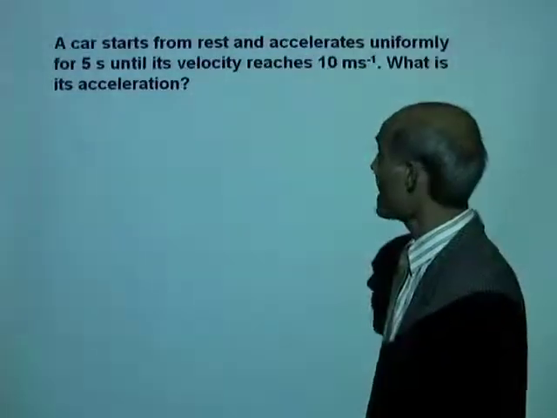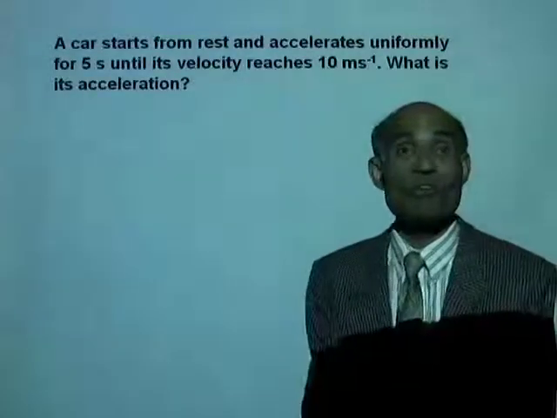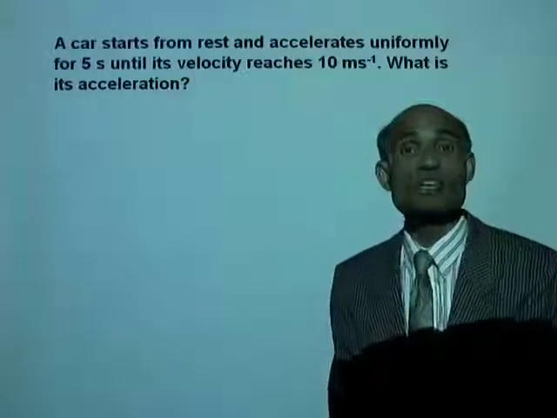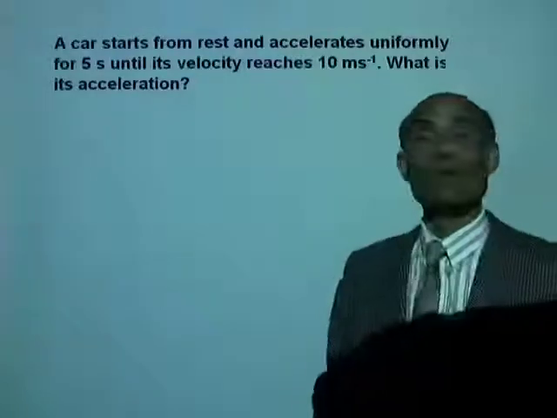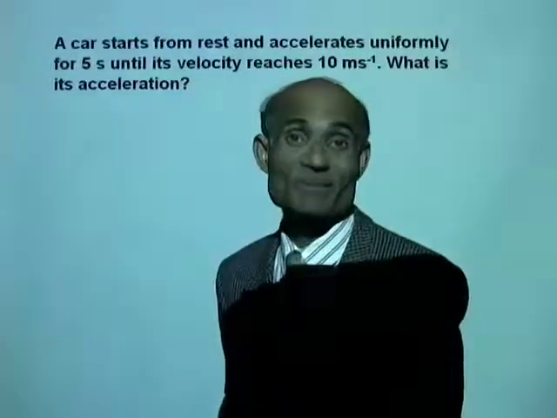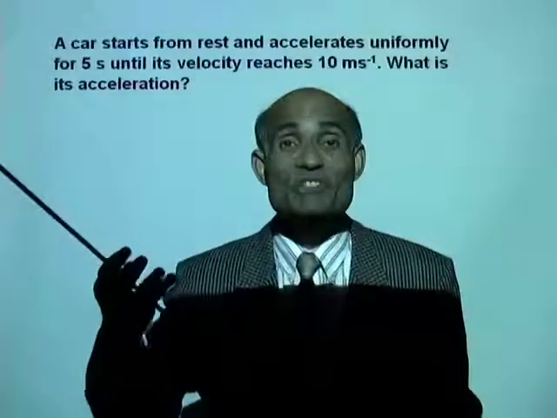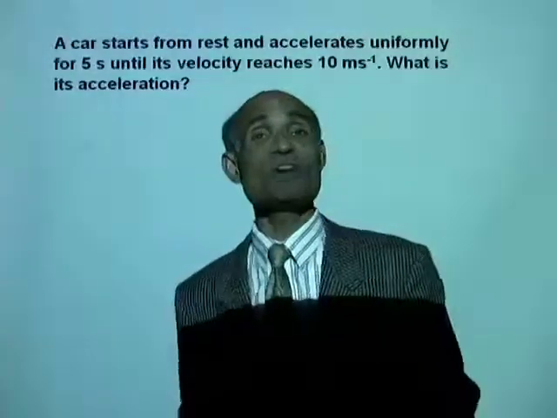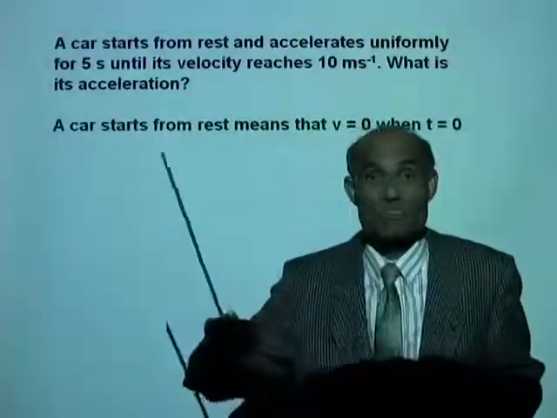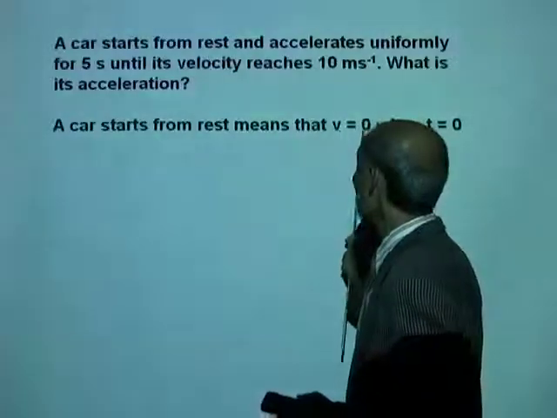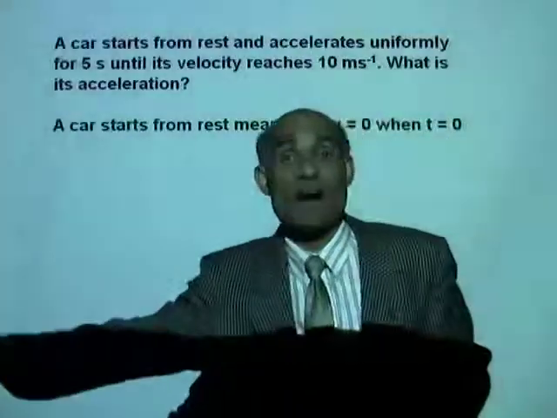A car starts from rest and accelerates uniformly for 5 seconds until its velocity reaches 10 meters per second. What is its acceleration? Well, that is a fundamental problem which can be done very easily by using the definition of acceleration. Now, a car starts from rest means that its velocity equal to 0 when you start counting your time.